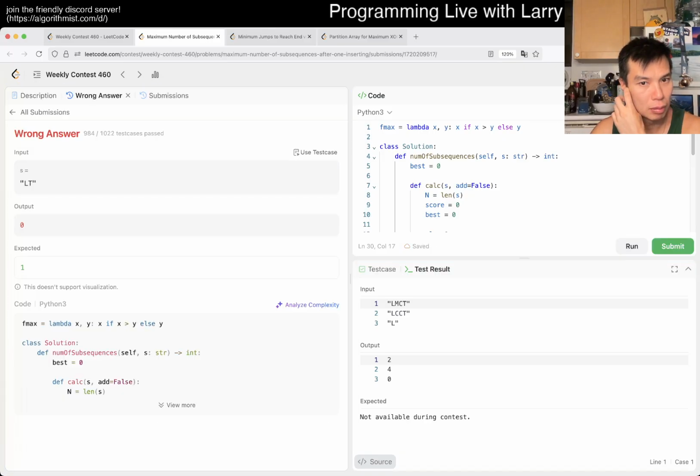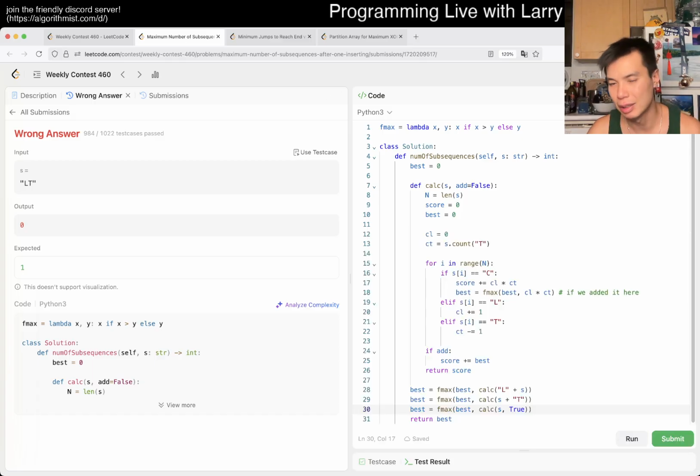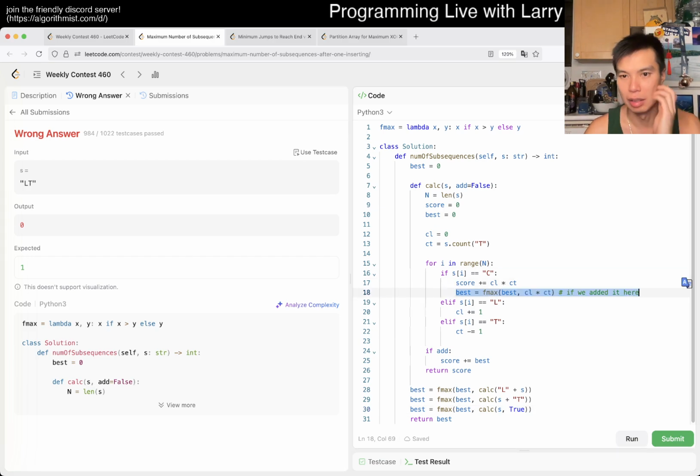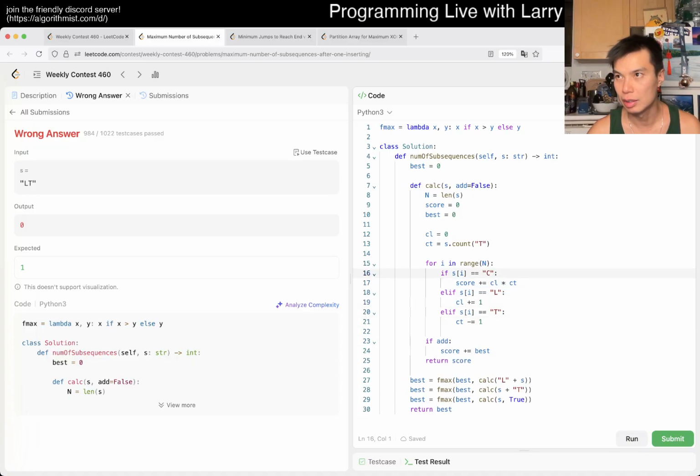Oh no, this is bad. I kind of got lazy here, honestly. We needed this everywhere, not just here. I think that's the issue. So we inserted. The timing is tricky.